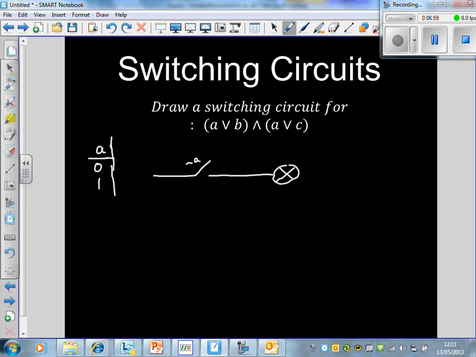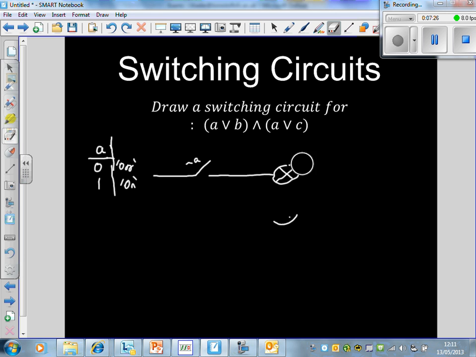At the moment, this state is representing not A because the switch is open. Obviously, if the switch was then closed, the light bulb would go on. So 0 represents the state of being off, the switch being off, and 1 represents the state of it being on.